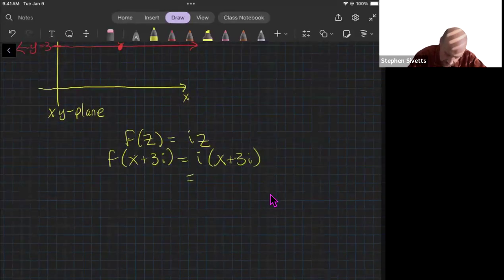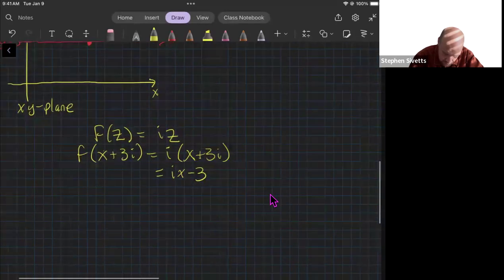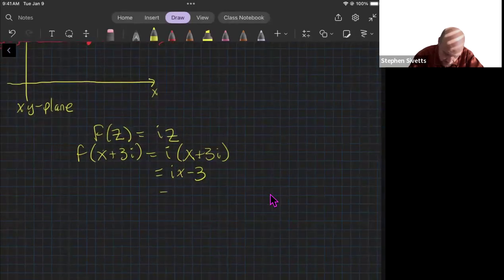If I distribute the i across the quantity x plus 3i, I get i times x minus 3. In terms of the real and imaginary components, the function equals minus 3 plus x times i. Now, this is interesting.